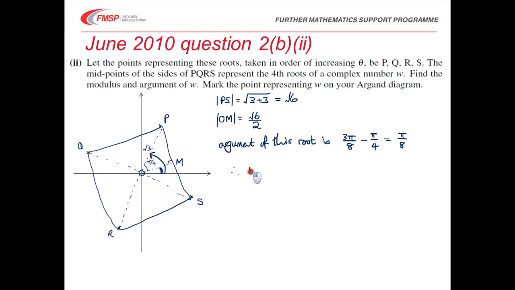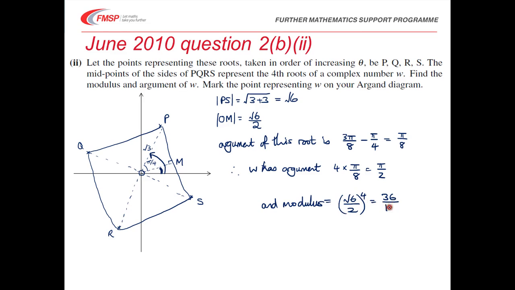So W has argument 4 times that. Remember, that's the fourth root of W. So 4 times pi/8, which is pi/2, and its modulus is going to be √6/2 to the power 4, which is 6 squared, 36, over 2 to the 4, 16, which is 9/4.